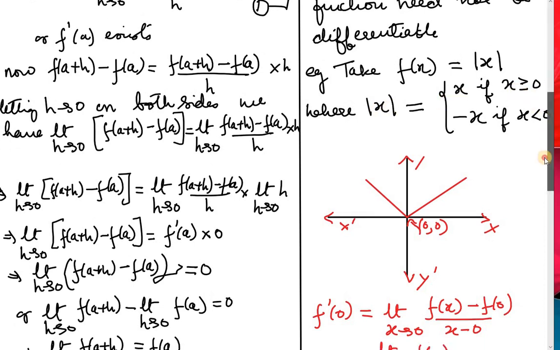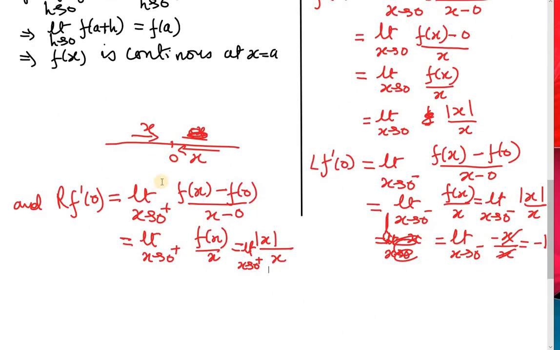Since x approaches 0, in this case from the right side of 0, it means that it is positive. So modulus of x has to be replaced by x only. So this is equal to limit x tends to 0 plus of x by x. Now this can be cancelled. It gives you limit x tends to 0 plus of 1, and this is equal to 1, because the limit as x tends to 0 plus of a constant number will be that constant number only.